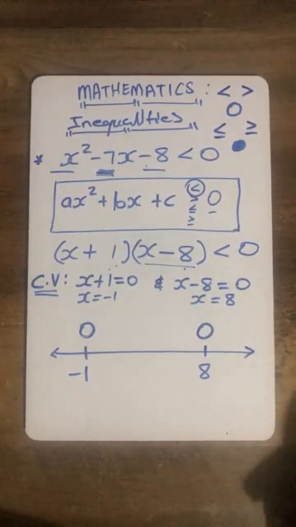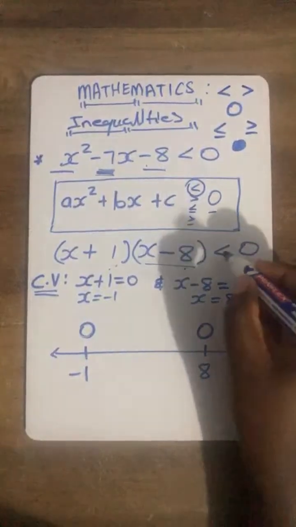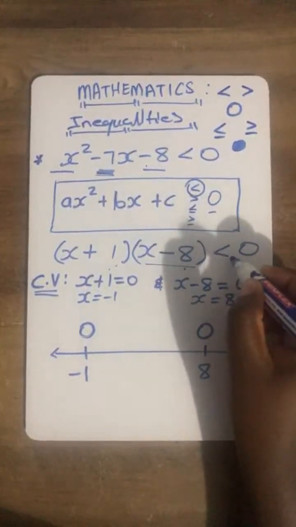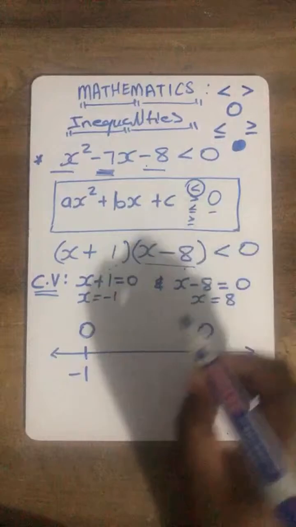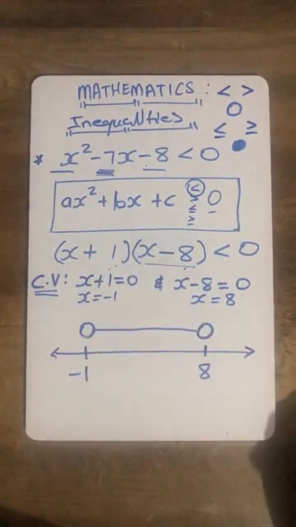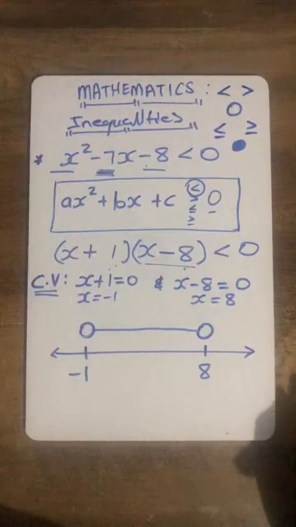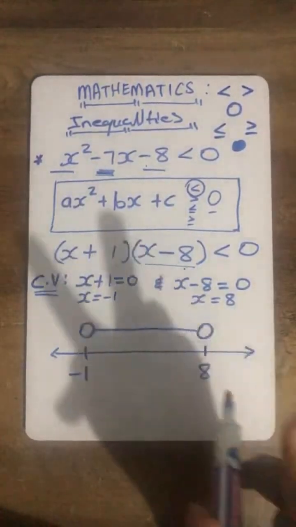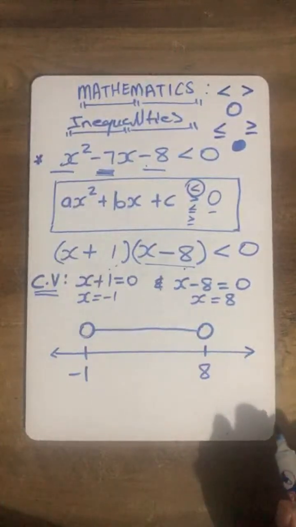And if you remember, I said when you had less than, or less or equal to, you always have those joined. You always have a line in between joining those two circles. Then you can write your final answer in two possible ways.